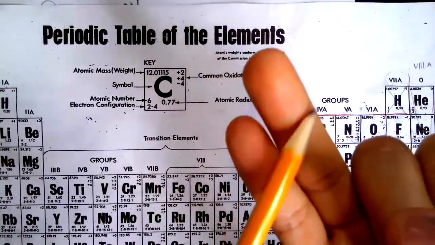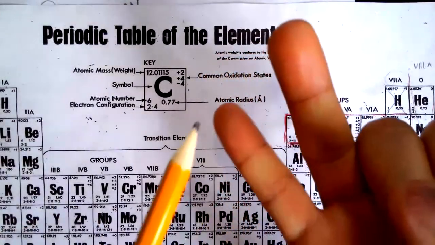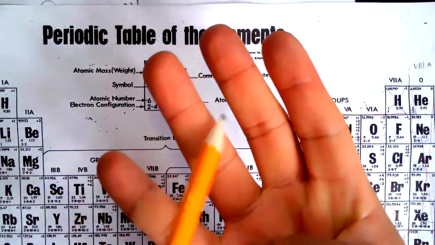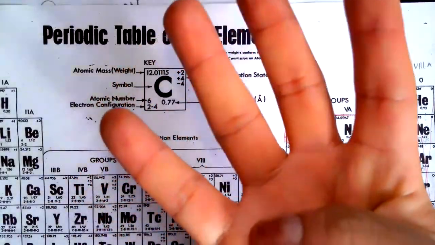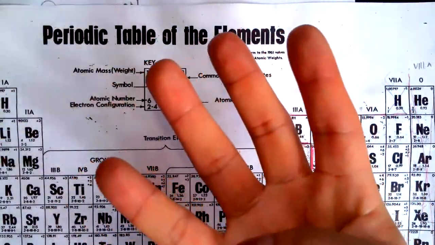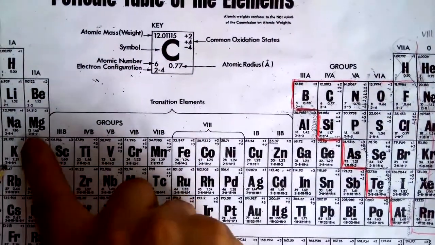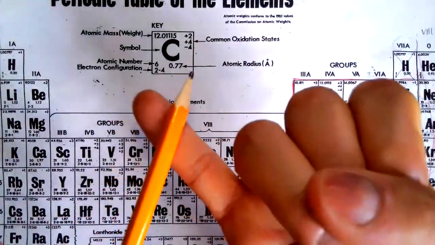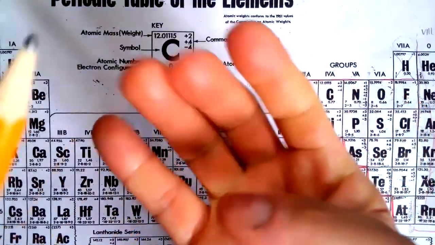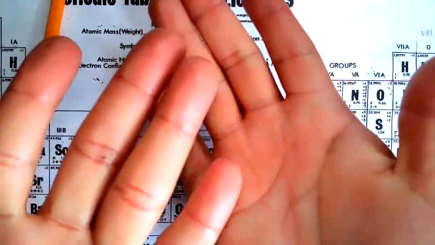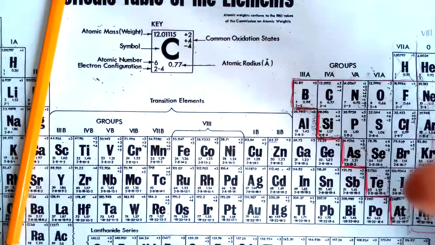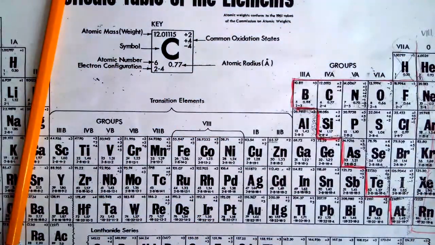So you cannot form more than 4 bonds, right? Because remember, it's 1 s orbital and 3 p orbitals. So how many bonds can you form? Only 4. 4 times 2, 8. But the third row already has d orbitals: 1 s, 3 p's, and 5 d's. So theoretically, you can form 9 bonds, which is crazy.